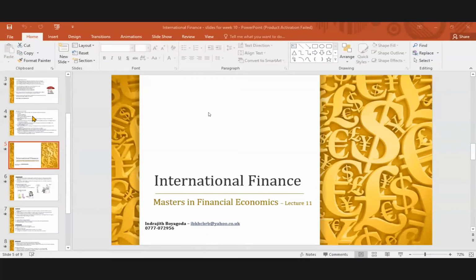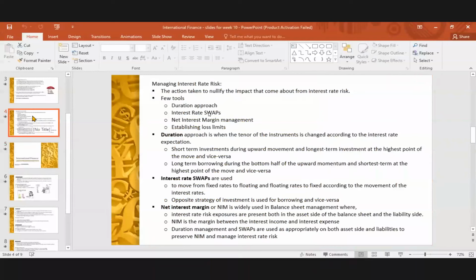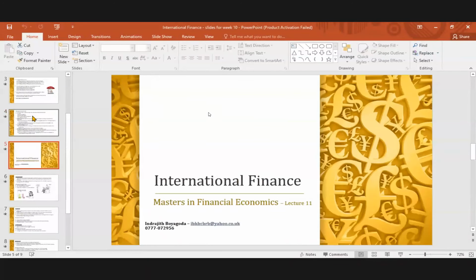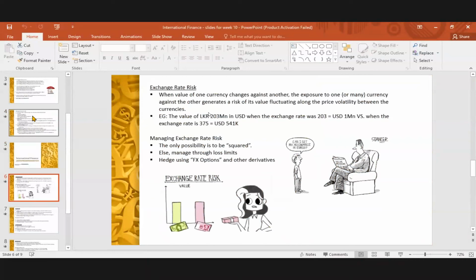Yeah, so we were basically discussing interest rate risk last time, right? We were talking about duration, interest rate swaps, and net interest margin and things like that. Now, let's focus on exchange rate risk.